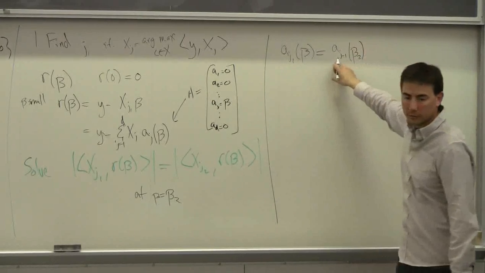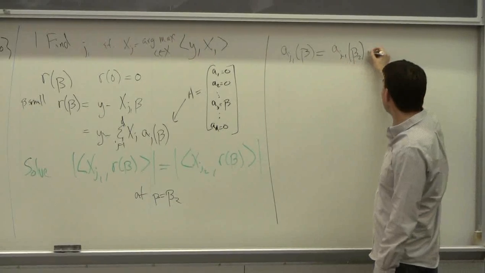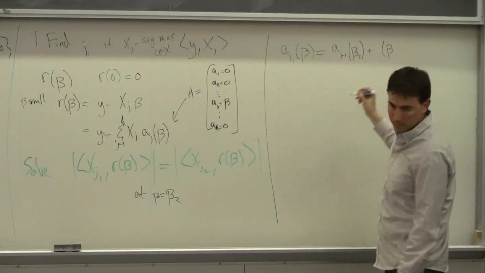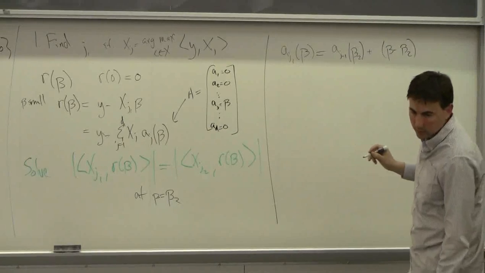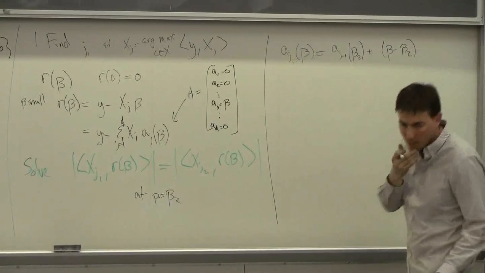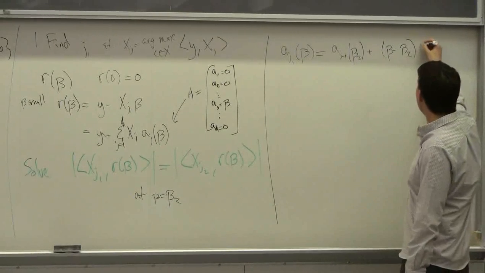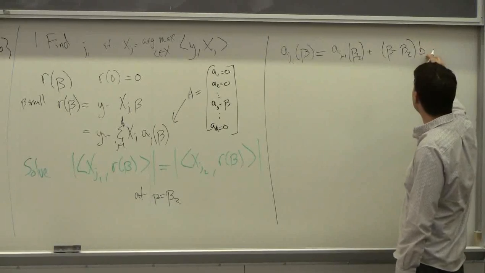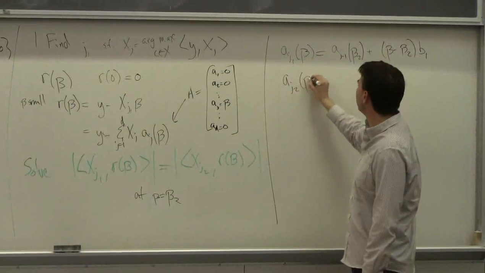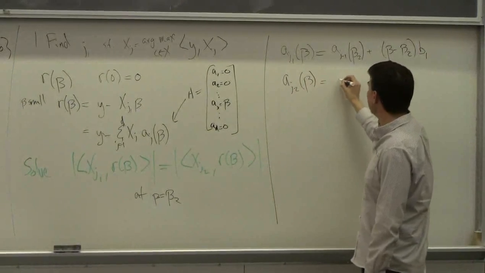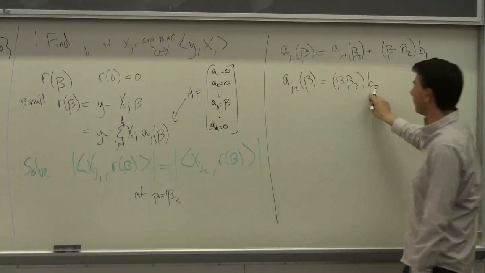This was the old linear expression for a that I had solved for before, plus beta minus beta 2 times my new slope for B1, and I'm going to have aj2 of beta equals to beta minus beta 2 times this slope for B2.